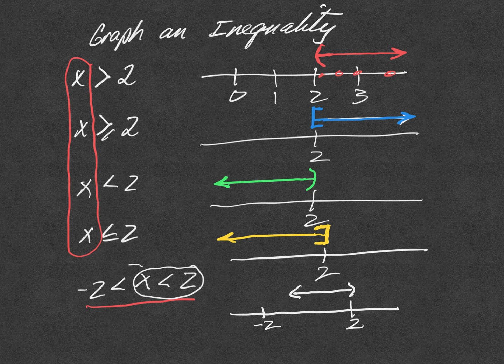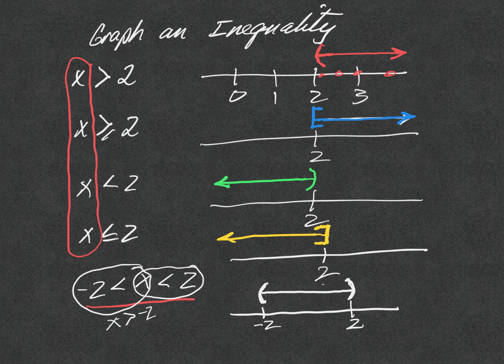But this part says -2 is less than x, which is the same thing as saying x is greater than -2. So by the parenthesis, I go this way. In this case, we have the parenthesis because they're not equal to 2 or -2 on either side, but x is between those.